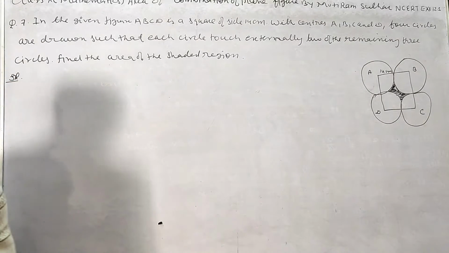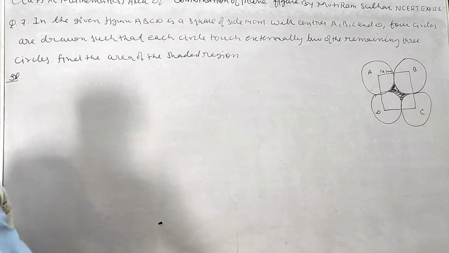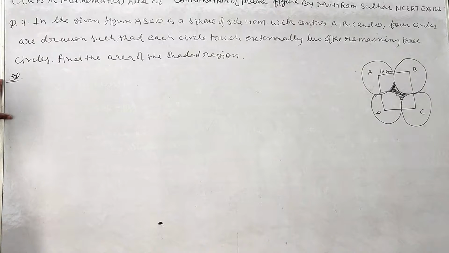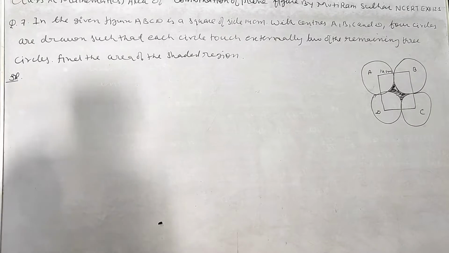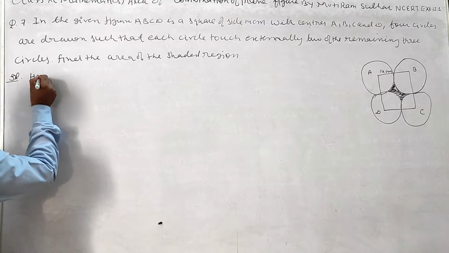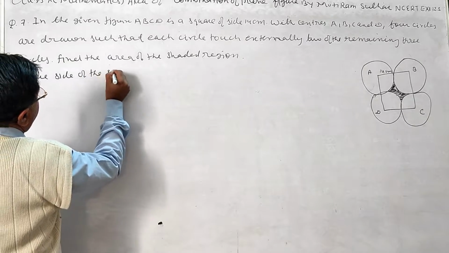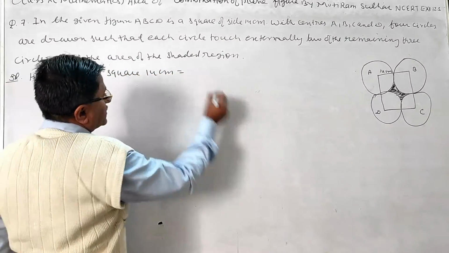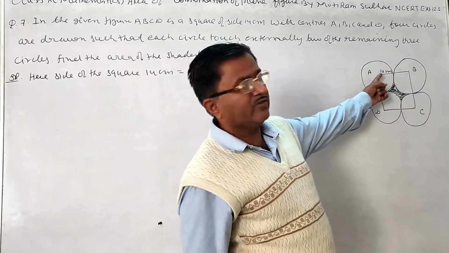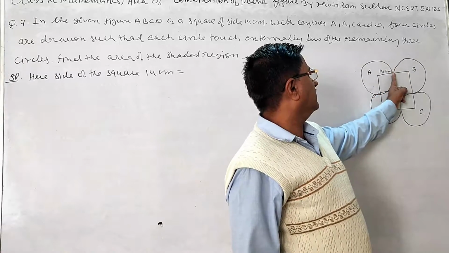So here we write the solution. As given, we are given the square. So we write here: side of the square is 14 centimeter, which is also, now very carefully you see, these two circles are intersecting at this point.